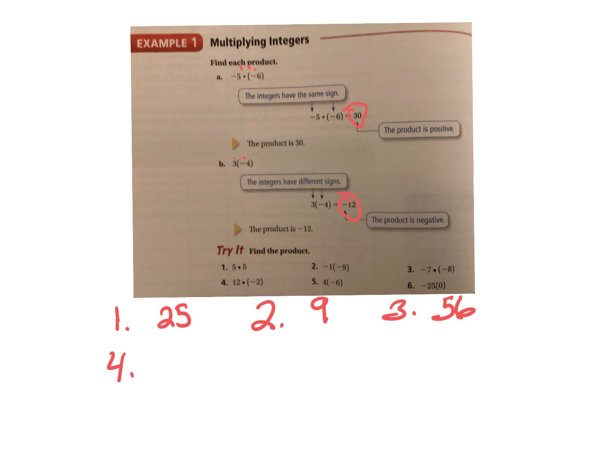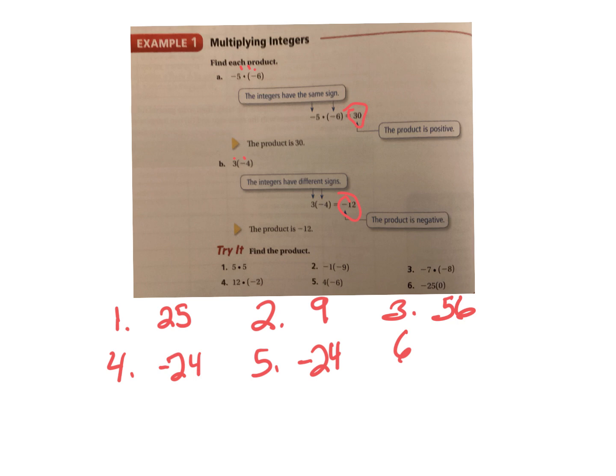Number 4, 12 times negative 2. They're different signs, so it's going to be negative. 12 times 2 is 24. They're different signs, so we're at negative 24. Number 5, positive 4 times a negative 6. They're different signs, so it's going to be negative 24.